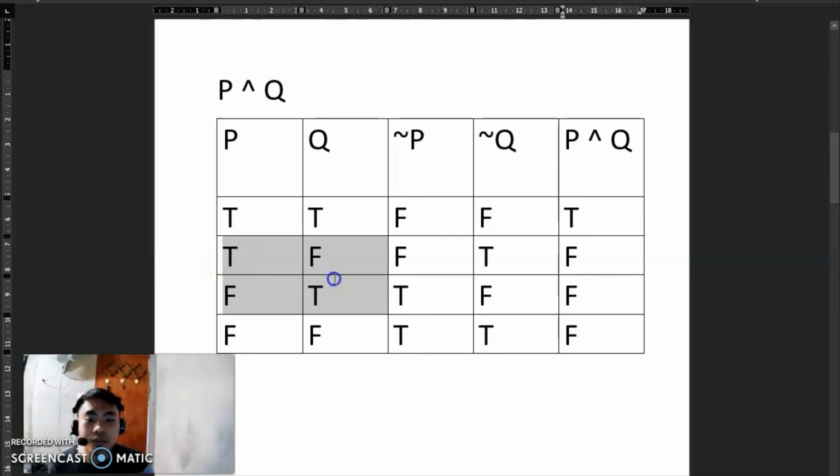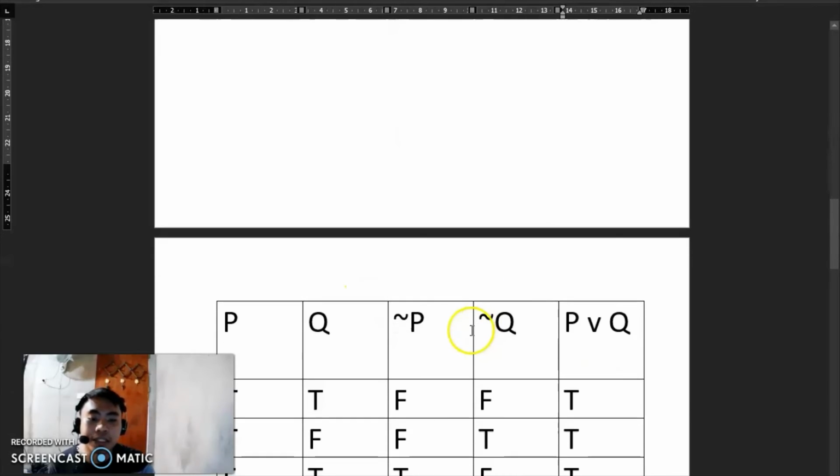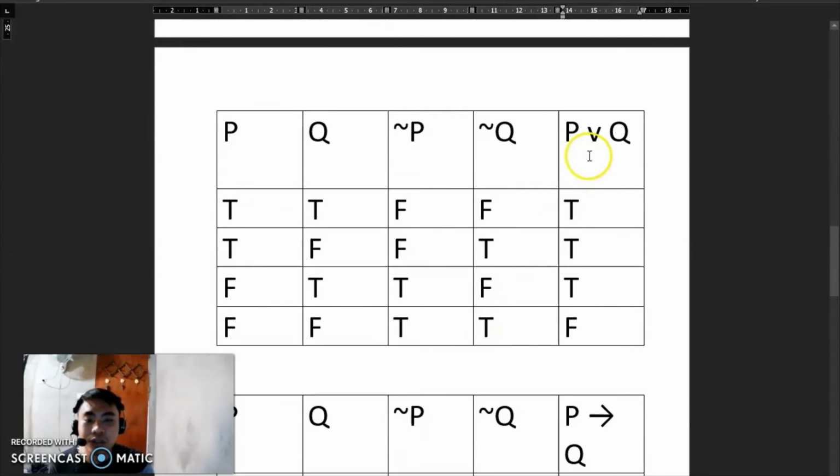This one, true, false, ang element yan ay false. Same goes as the other one. Pagdating naman po sa ating disjunction, saka lang po tayo makakakuha ng false kapag parehas silang false. Dito, true, true, ang sagot ay true. True, false, ang sagot pa rin ay true. False, true, ang sagot ay true. Dito naman, false, false, ang sagot ay false.